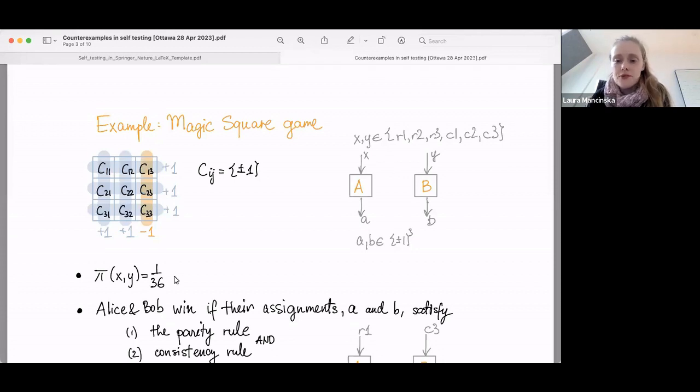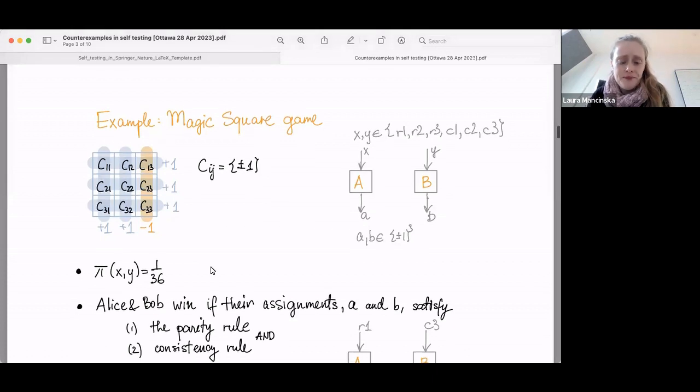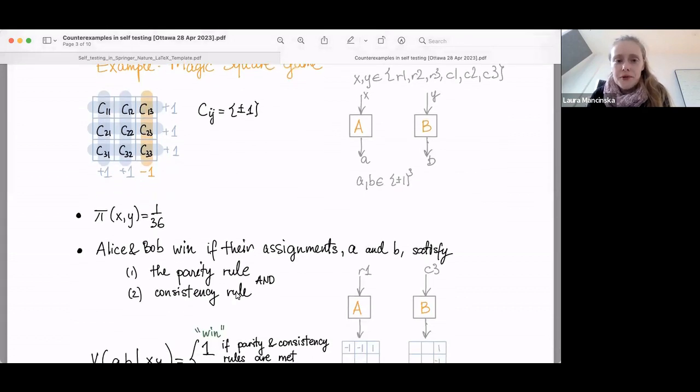And now what are the rules that allow Alice and Bob to win? There are 2 rules. One is the parity rule, namely that along every row and column, the numbers should multiply to +1, except for this very last one where they should multiply to -1.